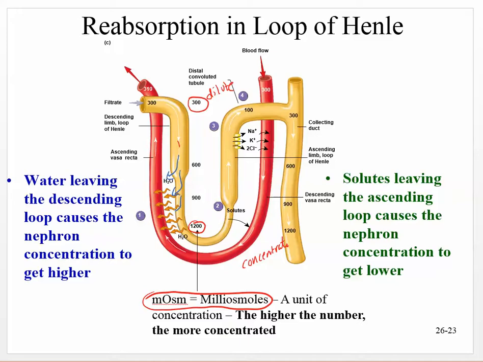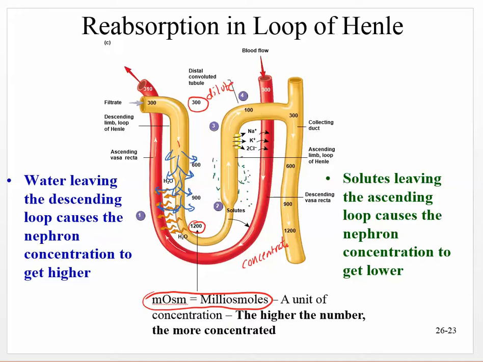And as it moves out, it has the ability to move into what's called the vasa recta, or a series of capillaries that are outside it. Now, this is an important idea to remember: we said the water moved out over there, and then the salts moved out over here.